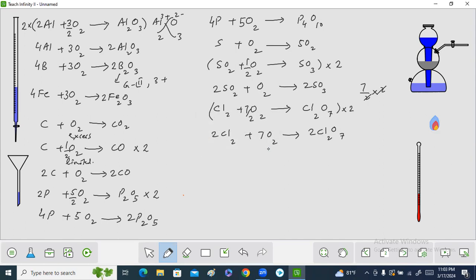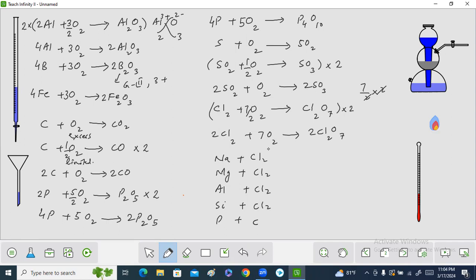Now, these elements, they can also react with the chlorine to form chlorides: sodium group 1 element, magnesium group 2 element, aluminium group 3 element, then silicon group 4 element, then phosphorus group 5 element. They all can react with the chlorine to form chlorides.